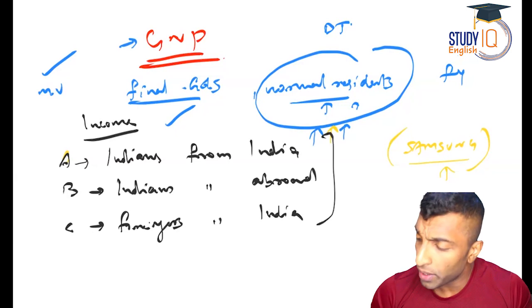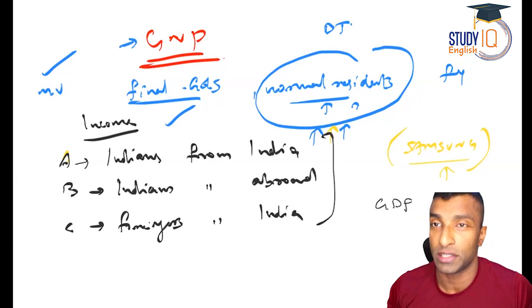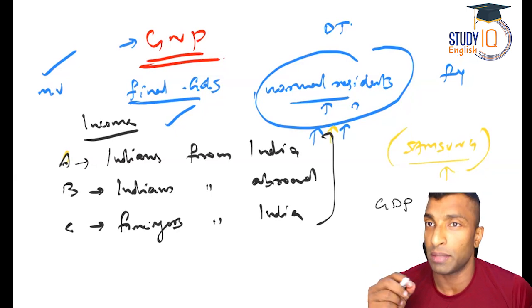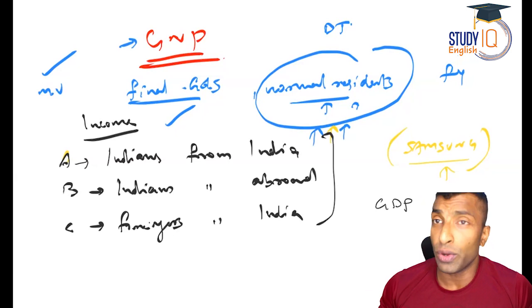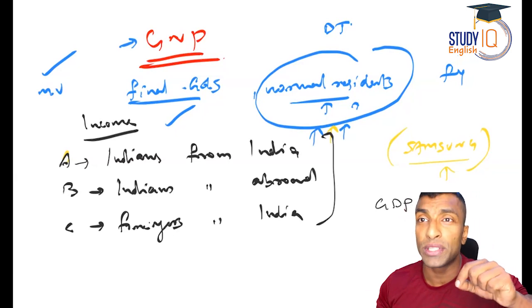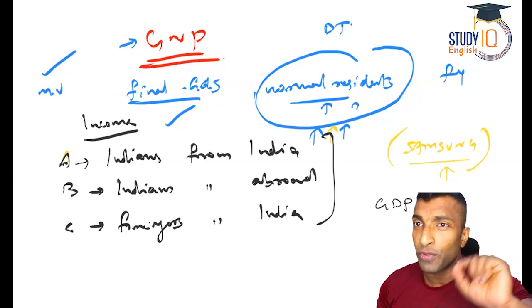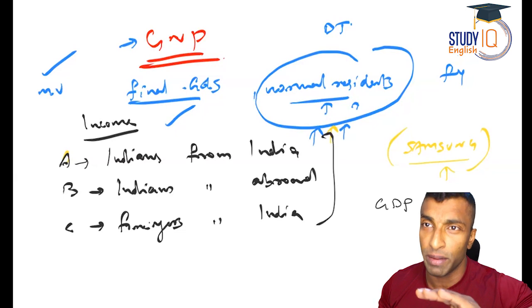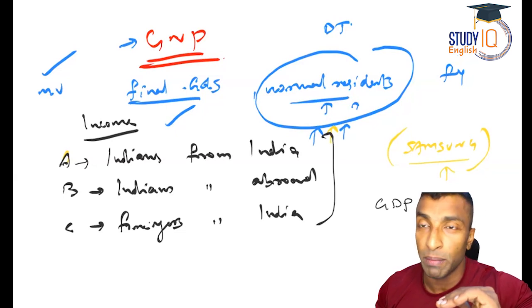Now guys, if you look into GDP, I've told you it's a domestic concept. It's a territorial concept. So where you produced is what matters. If that is the case, what will come in GDP? Whatever is produced in India. It doesn't matter who produced, whether it is Indians or foreigners, that's immaterial. If it is produced in India, that will be coming in India's GDP.